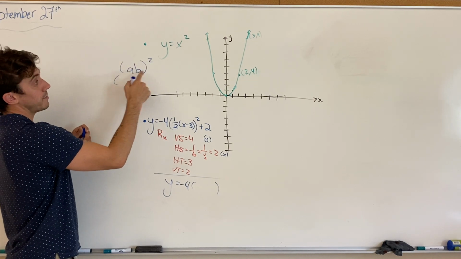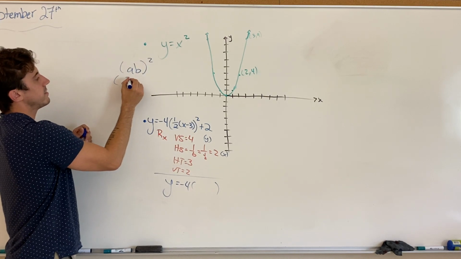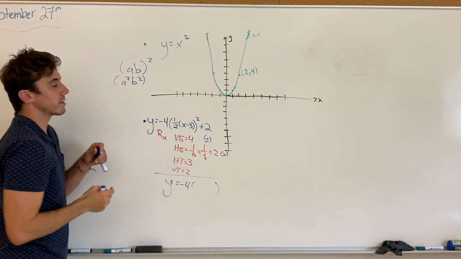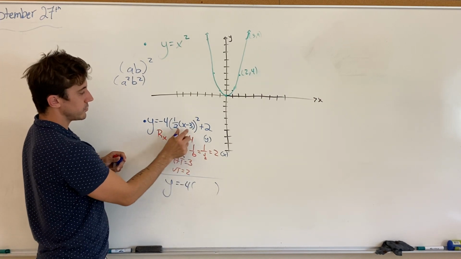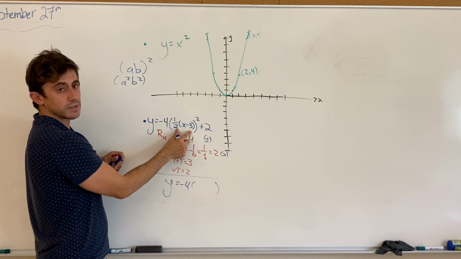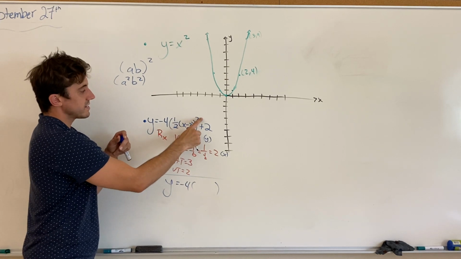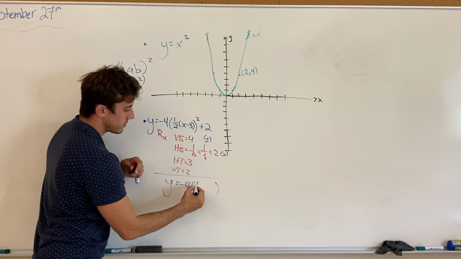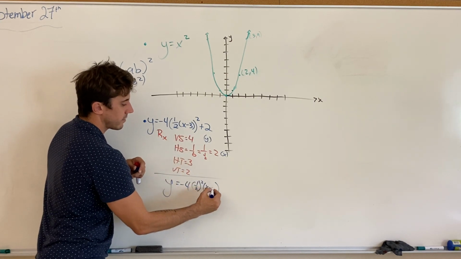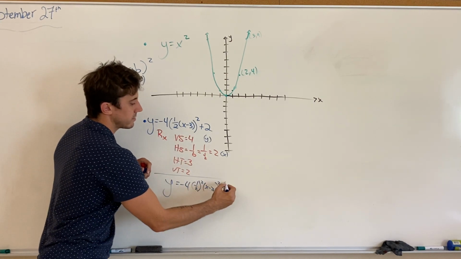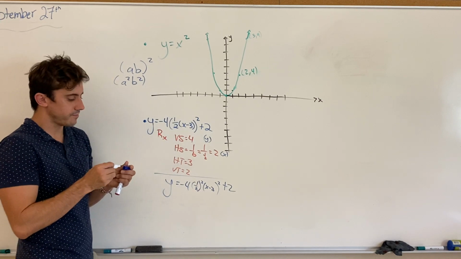And so we can write (AB) squared equally as A squared times B squared. Applying that rule to this part of our equation, we can write this as (1/2) squared times the remaining (x minus 3) squared. And then, of course, the +2 at the end.